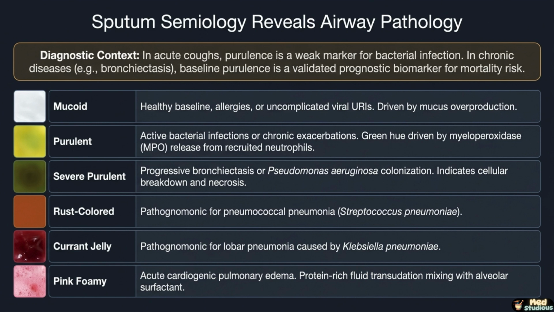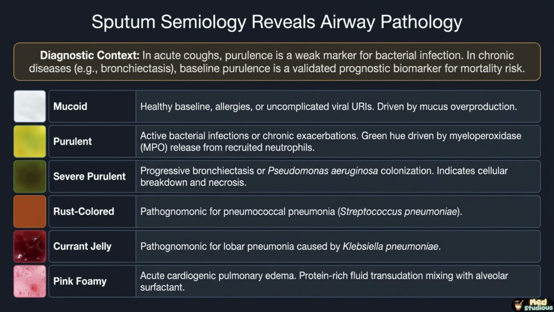Purulent sputum takes on a green hue, caused by myeloperoxidase released from recruited neutrophils fighting active bacterial infection. Push further into severe purulent sputum, and you're often looking at progressive bronchiectasis or chronic colonization by Pseudomonas aeruginosa, signaling cellular breakdown and tissue necrosis.